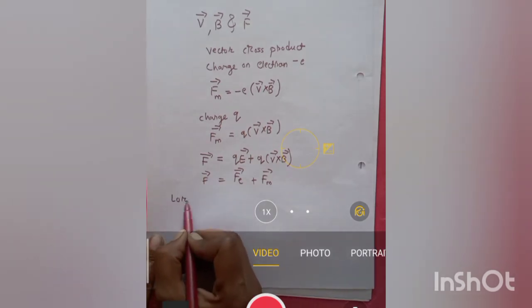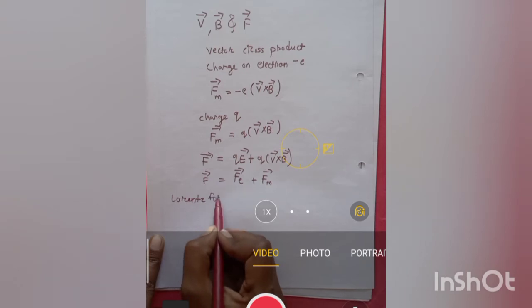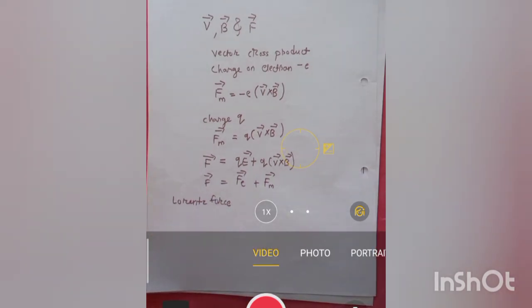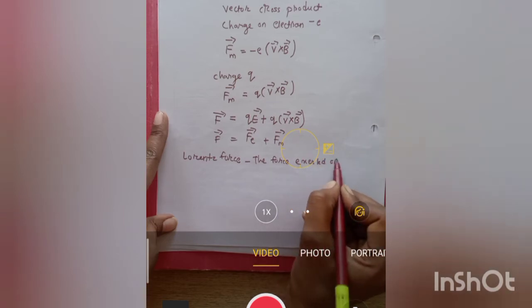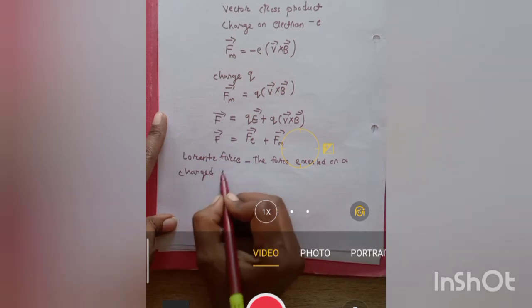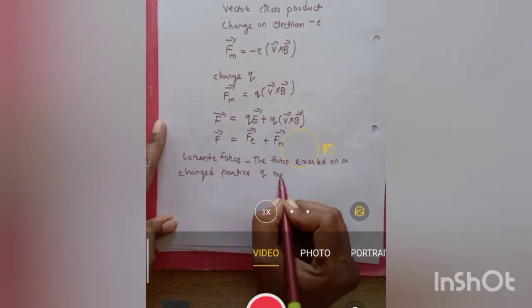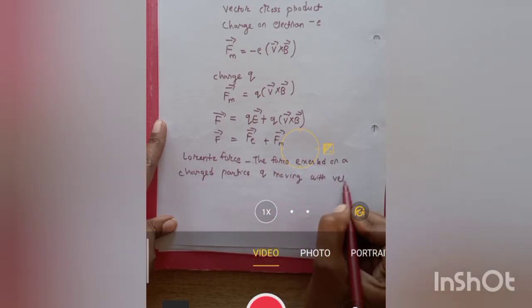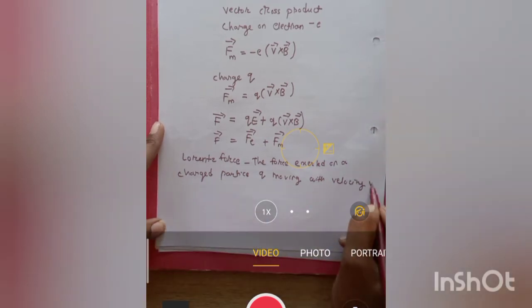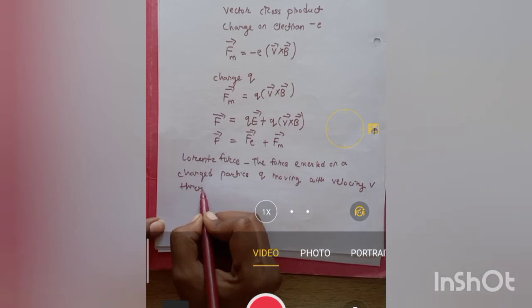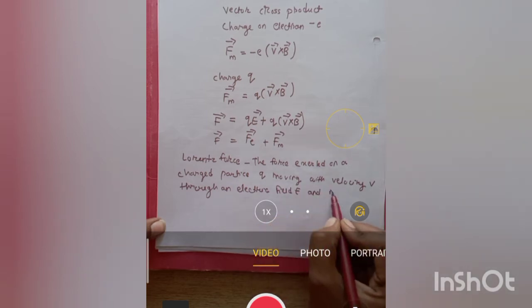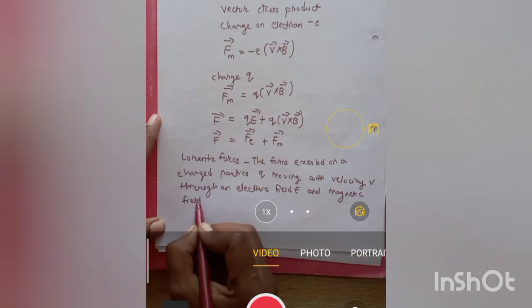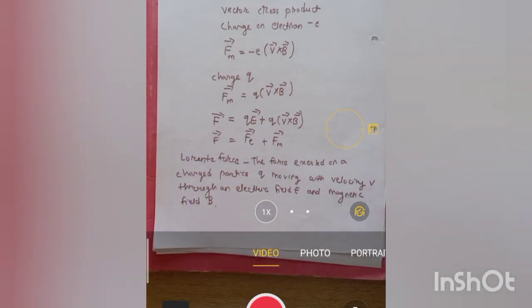Lorentz force is the force exerted on a charged particle q moving with velocity v through an electric field E and magnetic field B.